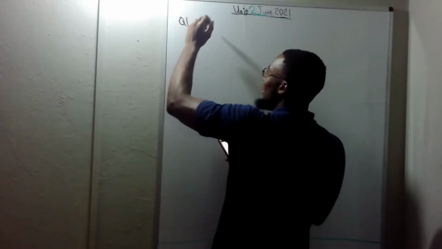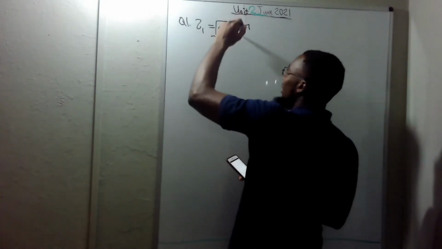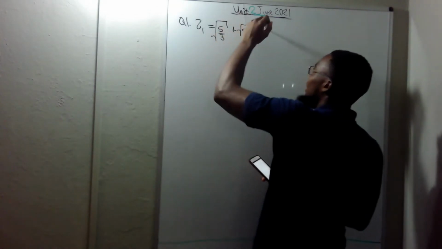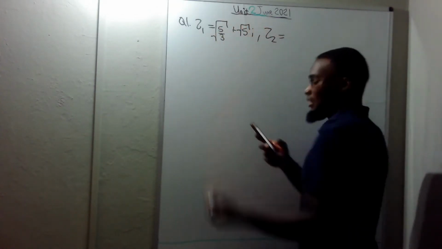Alright, so question 1. Two complex numbers are given by z1 equals the square root of 5 over 3 plus the square root of 5 i, and z2 equals 2 minus 2i.